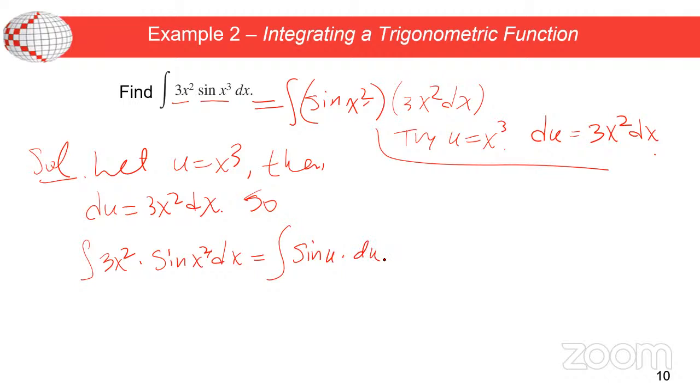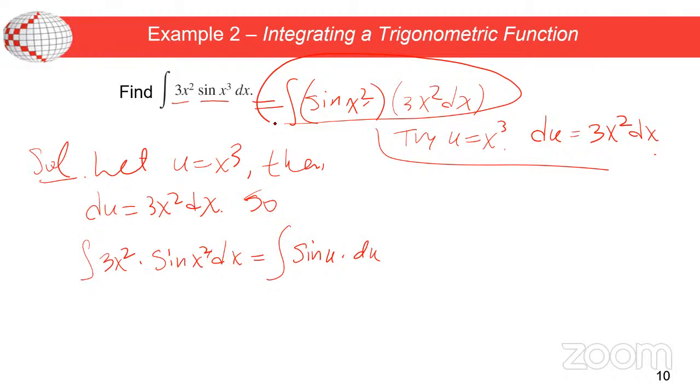You can see that sine of x cubed is sine of u, and 3x squared dx is du. That's why it is actually easier to recognize and work out if you have rearranged the order of the factors of the integrand. So far okay, right?